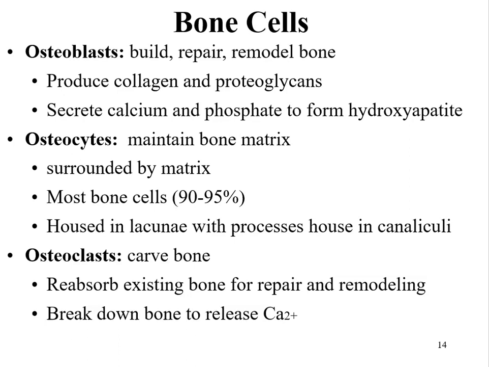Osteoclasts come from the white blood cell line, so they're not related, but they have that osteo in there because they're functionally bone cells. They are megacells comprised of 50 or more white blood cells that come together, and on one edge of the cell, called a ruffled border, which faces bone tissue, they will secrete chemicals that break down existing bone tissue, a process called reabsorption.